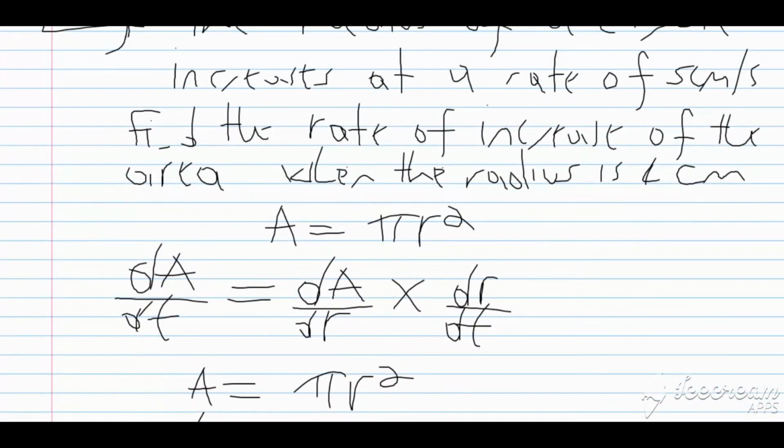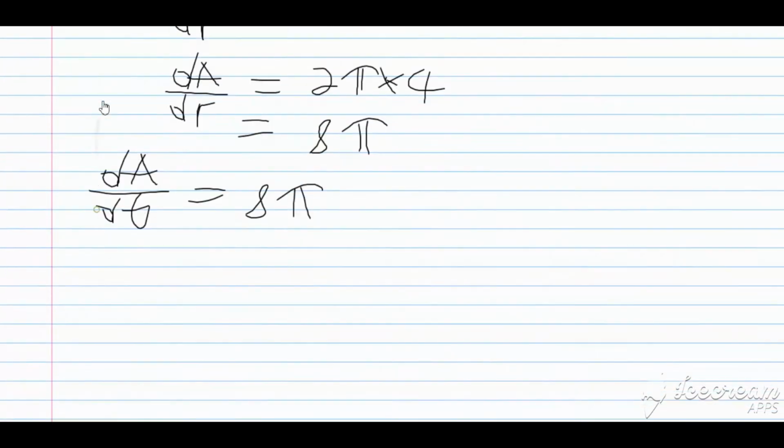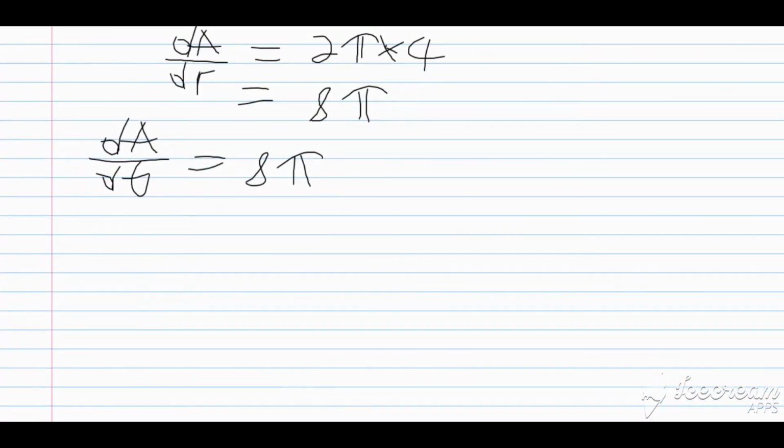And in the question, we were told that the rate of increase is 5 centimeters per second. So if it was decreasing, it would have been a -5. Good. The radius is increasing at a rate of 5 centimeters per second. So what it means is that I'm going to be multiplying my 8 pi by 5. Now this is going to break down and give me 40 pi.